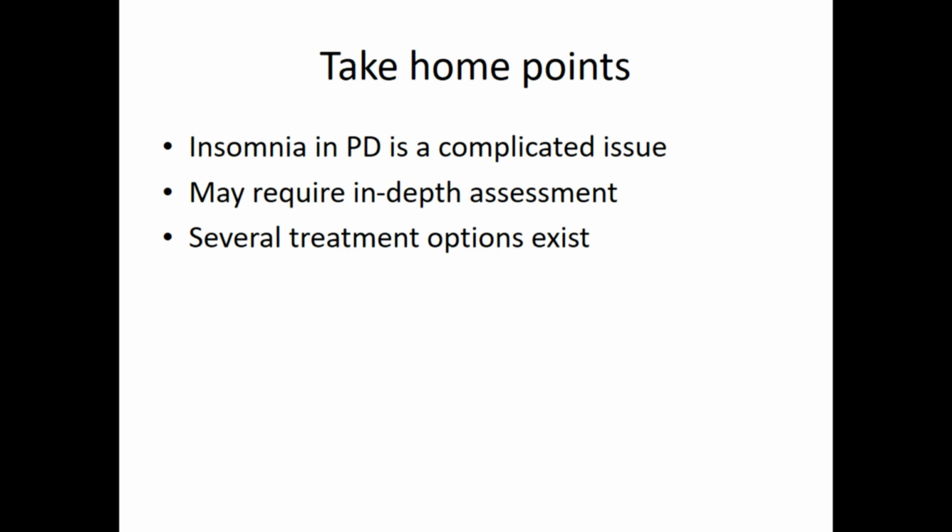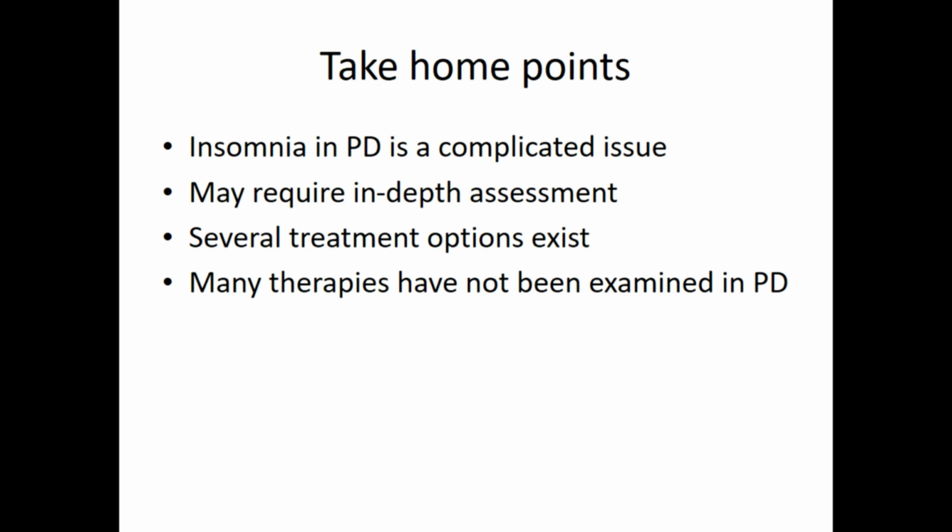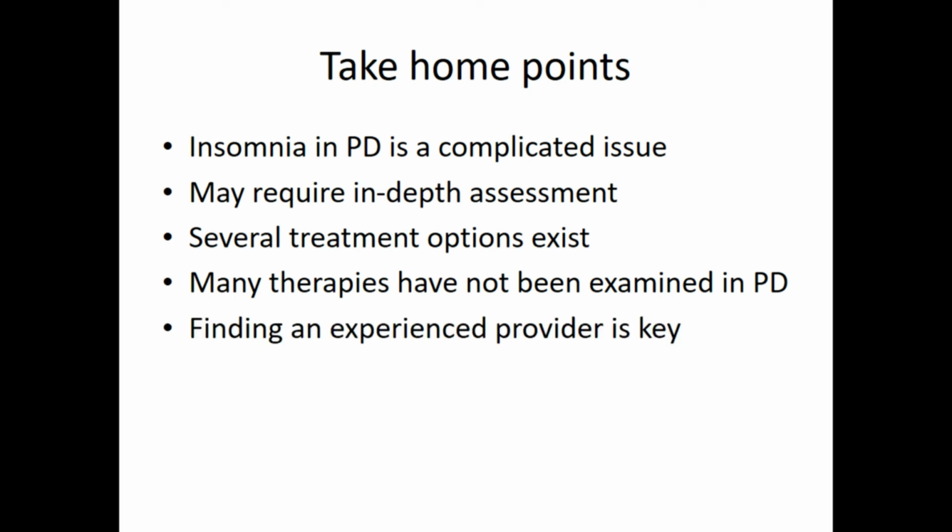And there are several treatment options that we have data for, but definitely larger studies need to be done. A lot of different types of sleeping pills and other types of therapies that are effective for insomnia in people without Parkinson's really have not been explored, and it's a huge unmet need. And finding someone that feels very comfortable dealing with these types of complicated issues is really key.